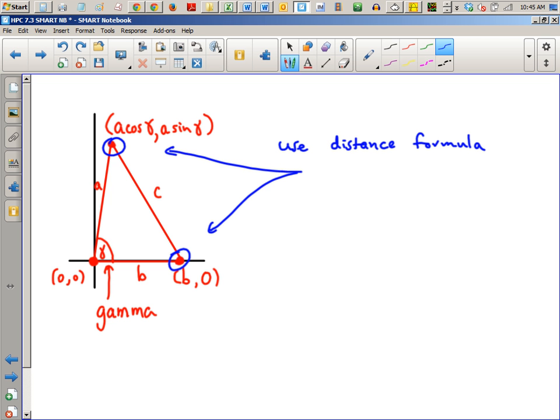Has a big square root in it. Square root of x2 minus x1, and then that's squared, right? And then y2 minus y1, and that's squared.